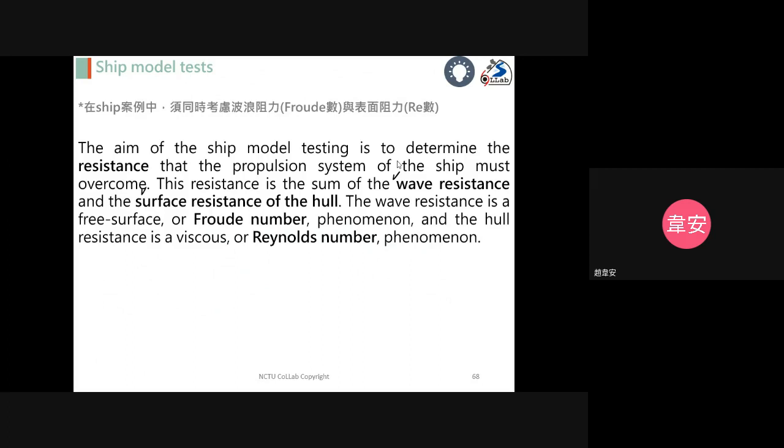The wave resistance is a free surface problem, with a liquid-to-gas interface involved in the system. So first we need to consider the Froude number, and second, the surface resistance is the viscosity effect, so we involve the Reynolds number.